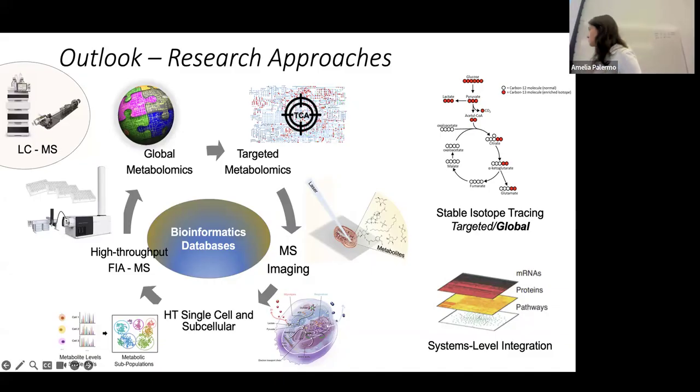So today we will focus on mass spec imaging, and we will see an application of that.